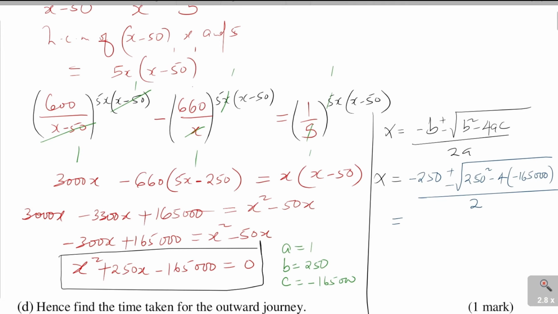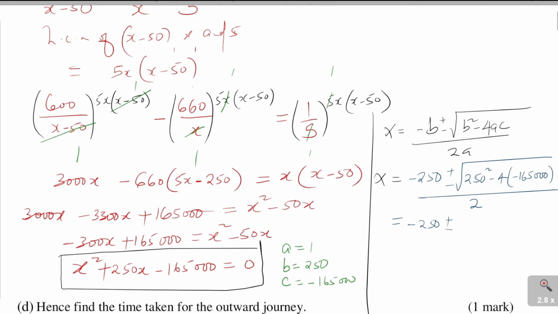So that is what you're supposed to work out. These will give negative 250 plus or minus the square root of 250 squared minus 4.